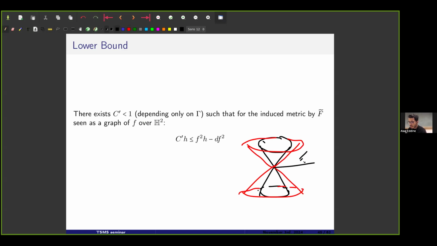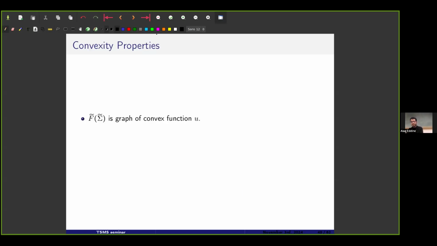Okay, so the tangent plane of f tilde of the image will be always far away from the isotropic cone. It will be uniformly far from the isotropic cone. With this in mind, this is what we are going to prove.